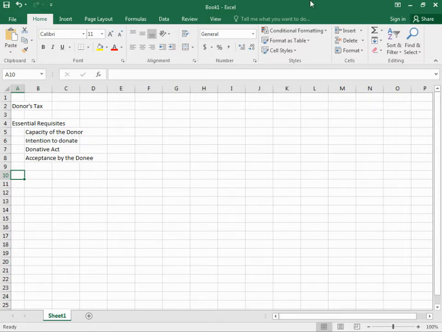Kasi, sabi nga sa definition, no one shall be compelled to accept the generosity of another. So, pag binigyan ka ng lupa, dapat tanggapin mo kung tatanggapin mo talaga.